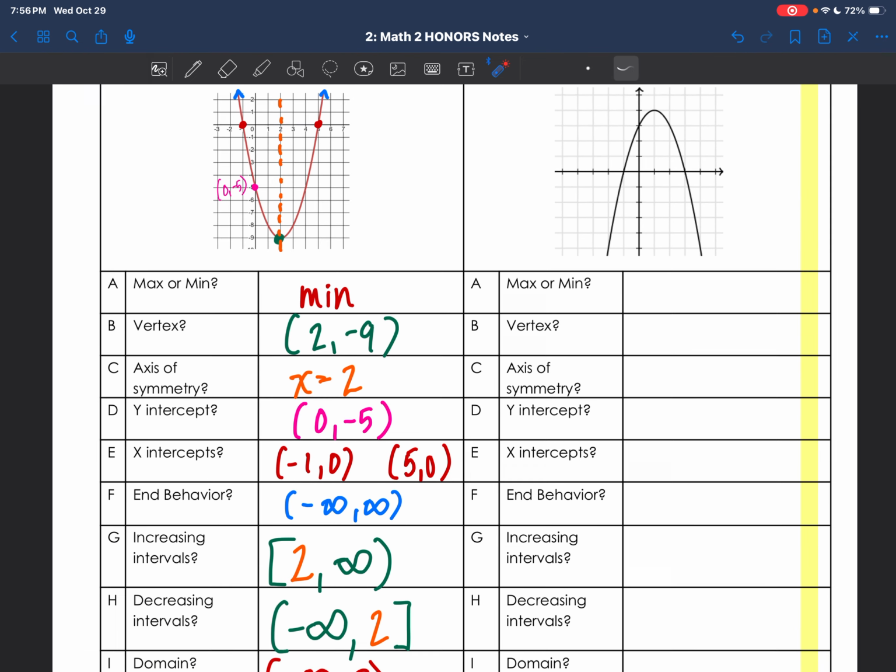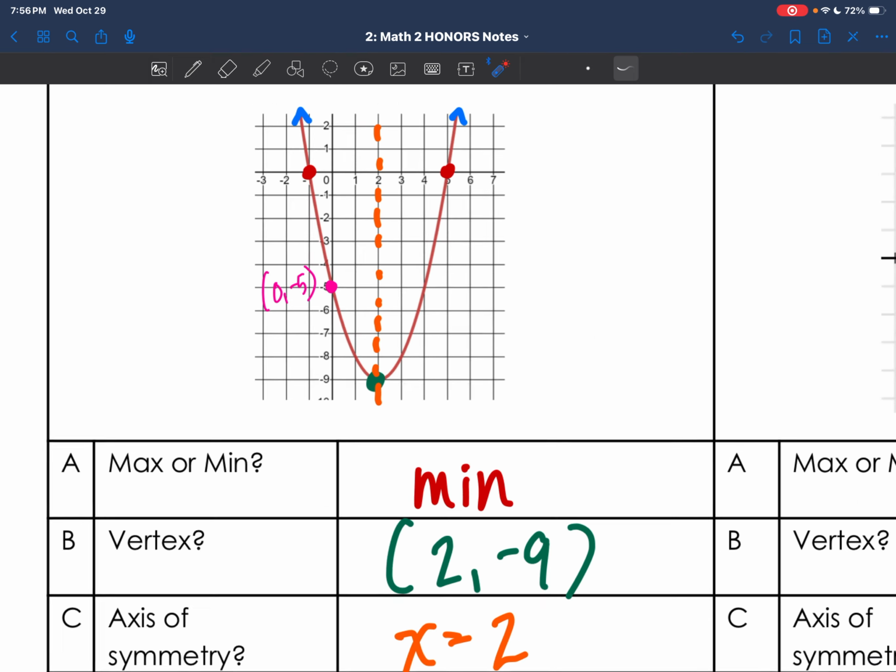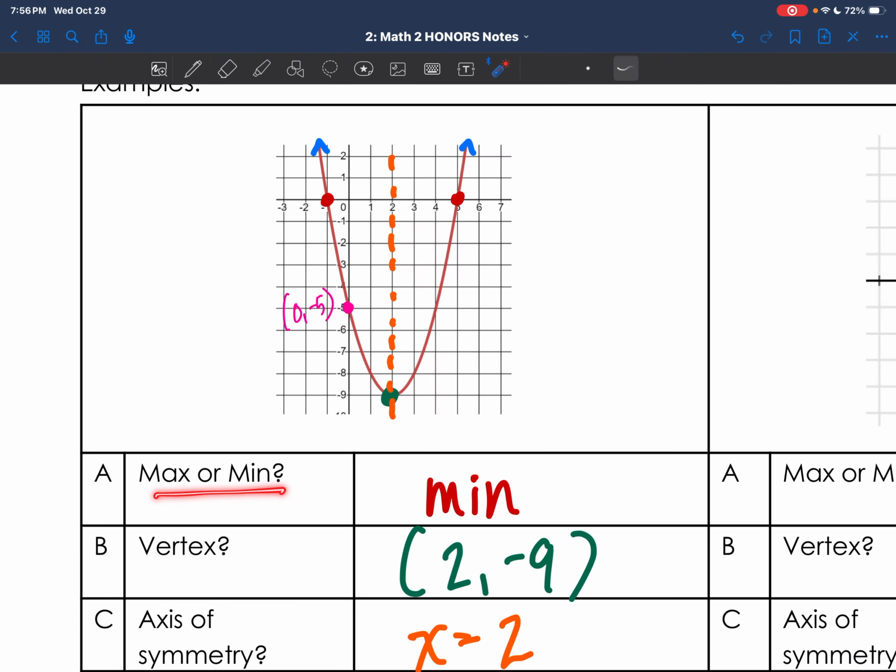All right, last but not least, we have a bunch of information that you need to know when you're describing a graph and the parts of the graph. Let's look at this first one. Is it a max or a minimum? Since it's the bottom of the parabola, it's a minimum. The vertex is at 2, -9.